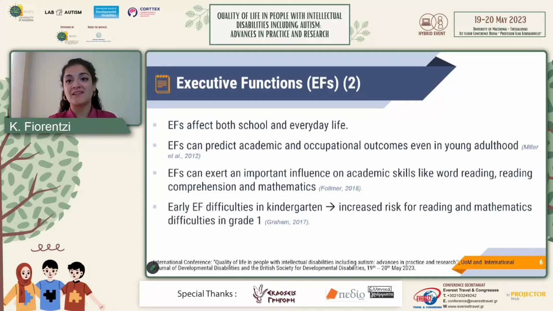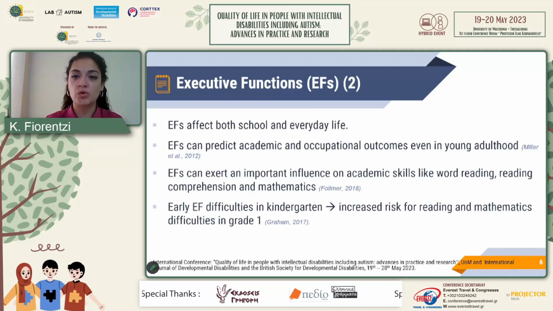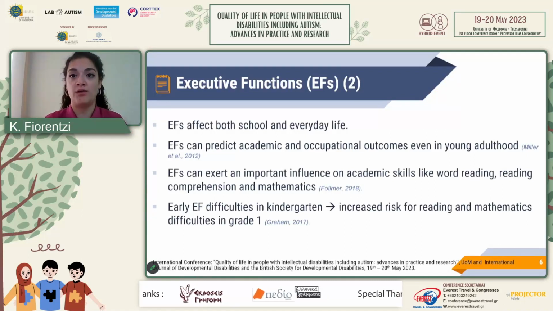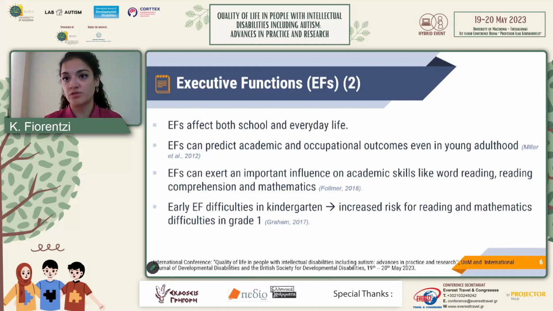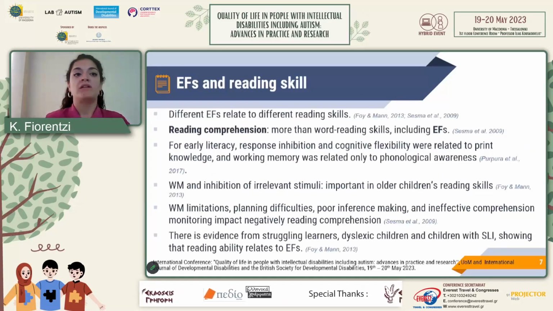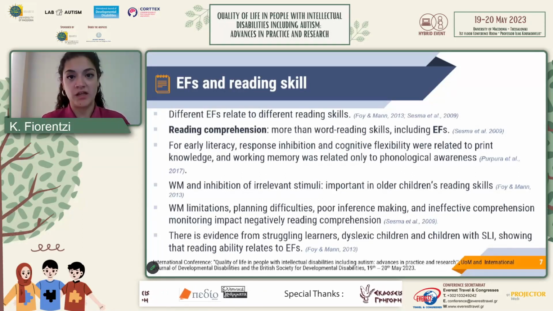We need to say that literacy and becoming literate is a very complex process, and it calls for the allocation of different cognitive resources. It calls also for language skills and other important skills in our life. Now, different executive functions, of course, relate to different reading skills.